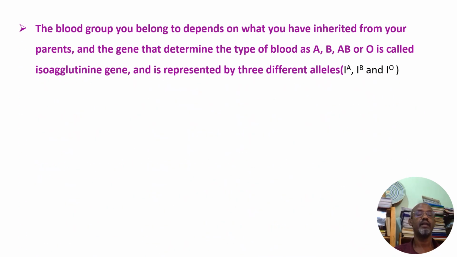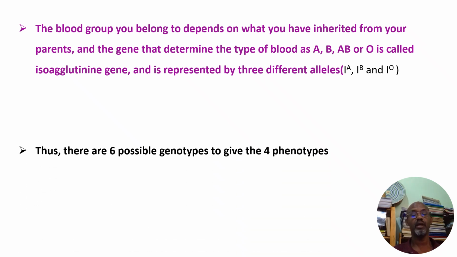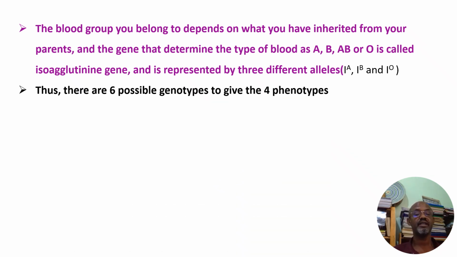The blood group you belong to depends on what you have inherited from your parents, and the gene that determines the type of blood as A, B, AB, or O is called the isoagglutinin gene and is represented by 3 different alleles, IA, IB, IO. Thus, there are 6 possible genotypes to give the 4 phenotypes.